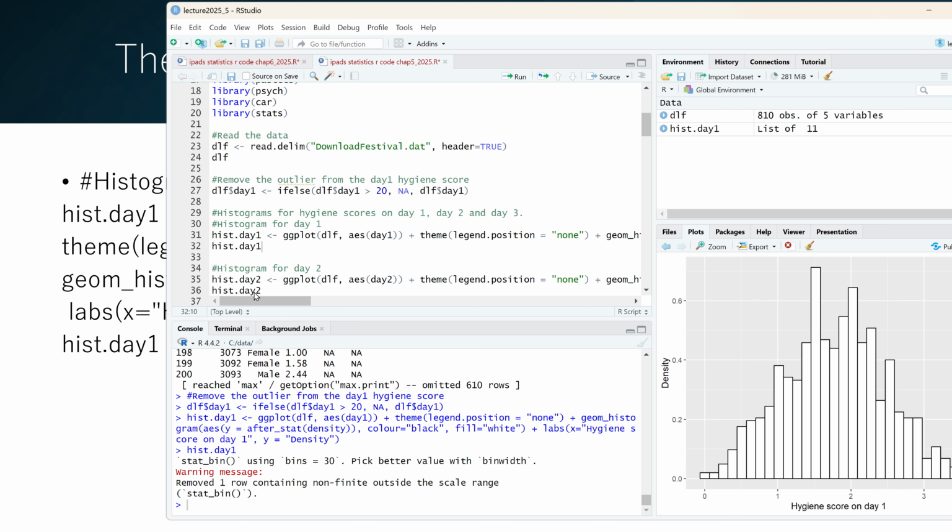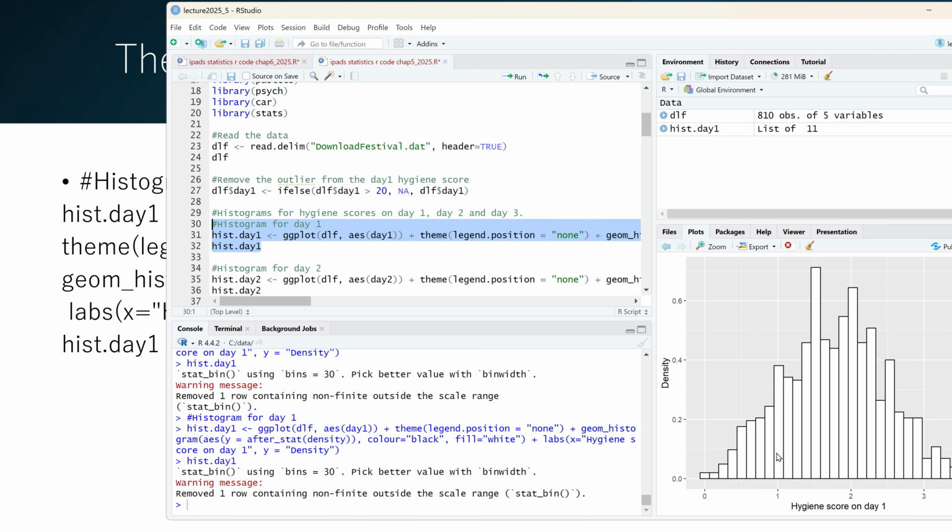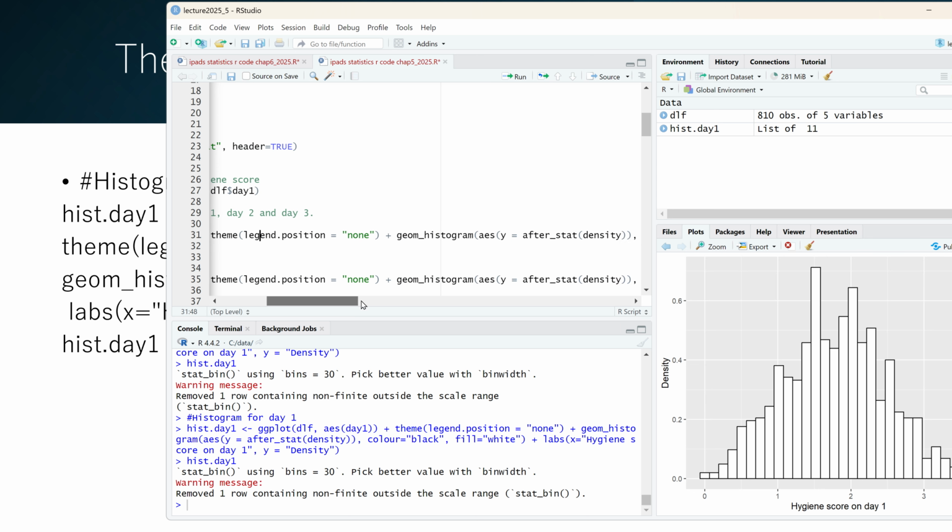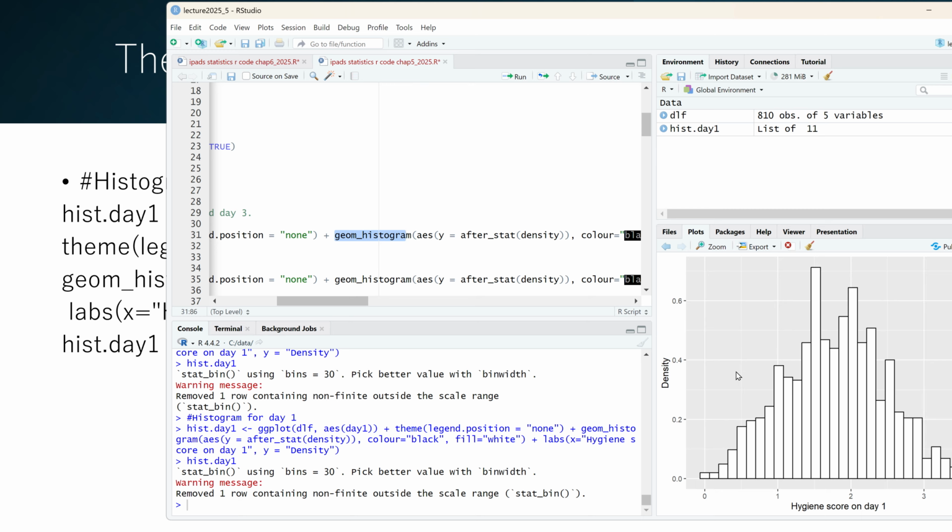Okay, this is run, and the histogram has y as density, x as the hygiene score, and color is black and filled with white.